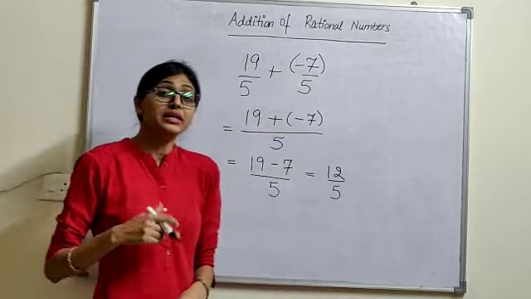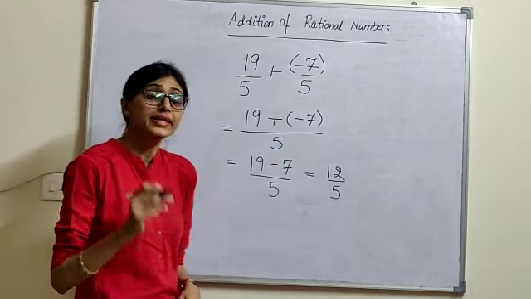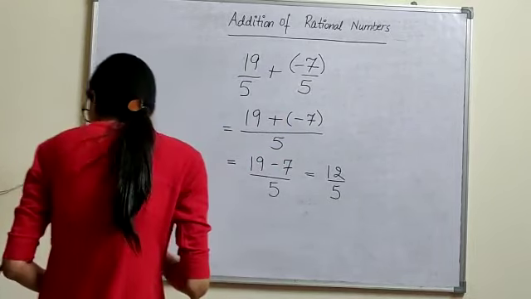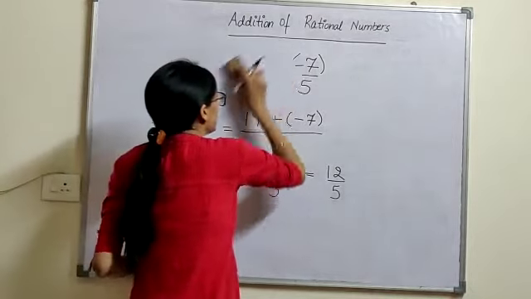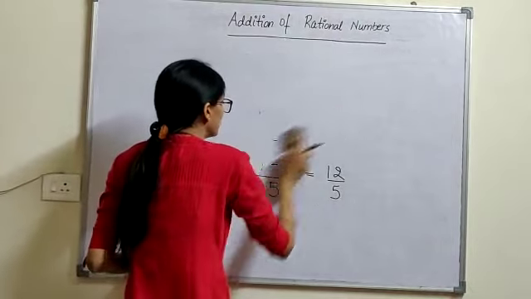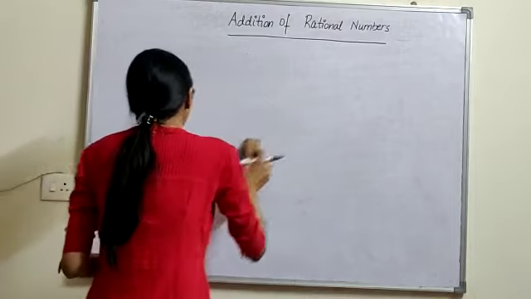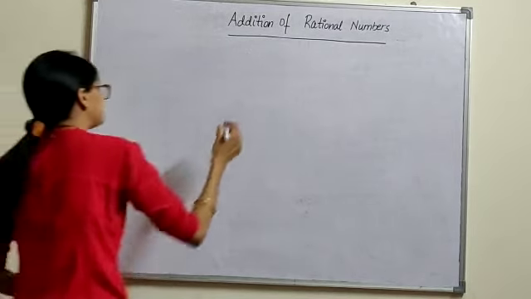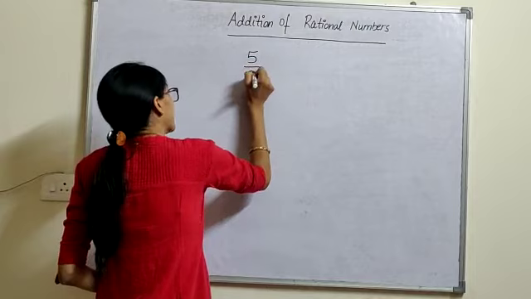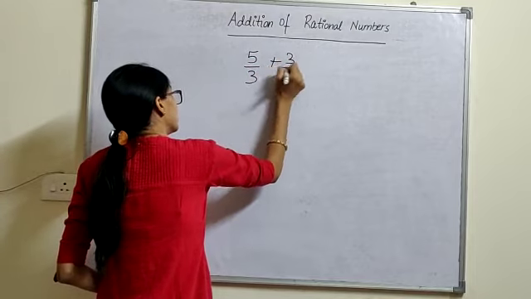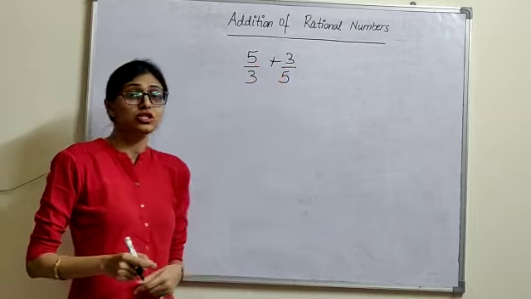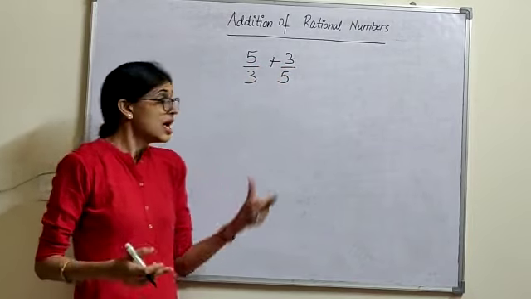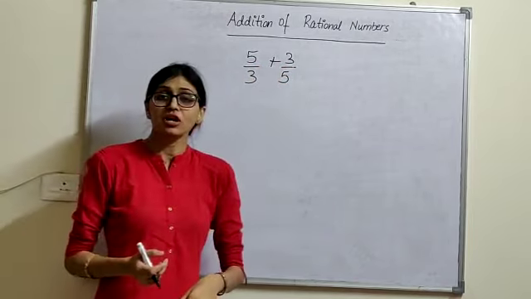Now if the denominator is different, then how can we do the questions? Let's take an example where the denominator is different. Suppose a question is given to you, 5 by 3 plus 3 by 5. If you see carefully, both the numerators of the rational numbers are different and both the denominators are also different.